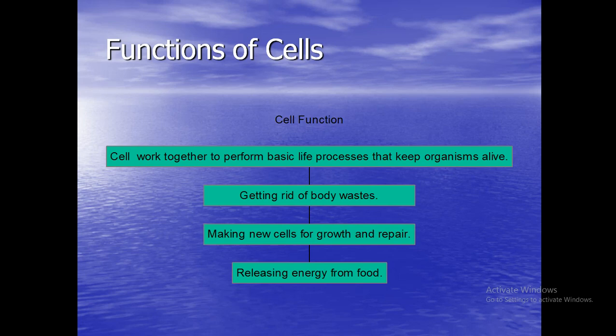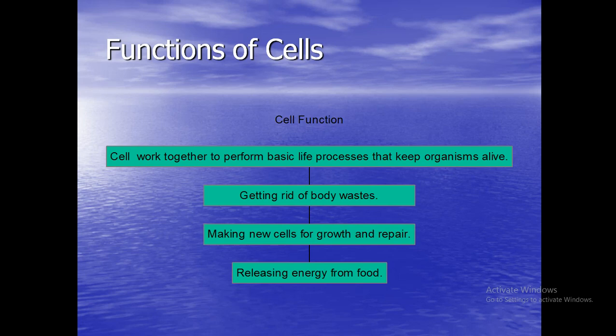What are those basic life processes? One is to get rid of the body waste. Because for the very survival of an organism, there must be a metabolism. When the metabolic activities are carried out, naturally this activity produces a lot of body waste.